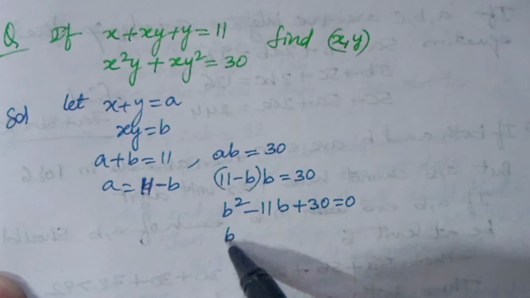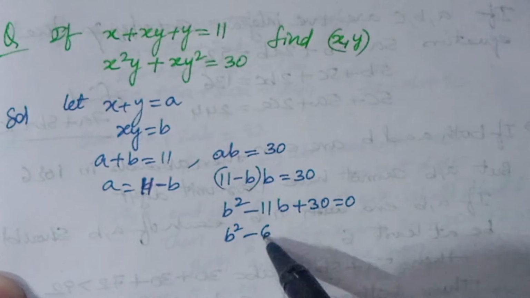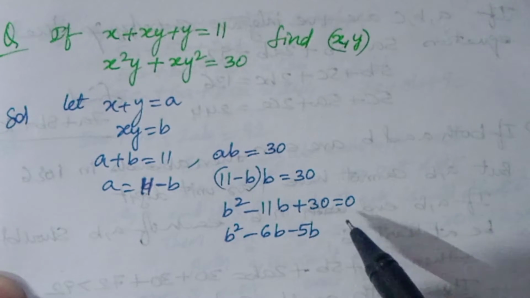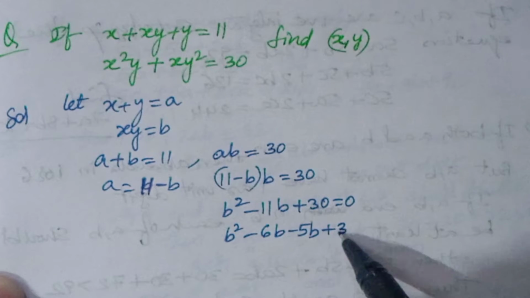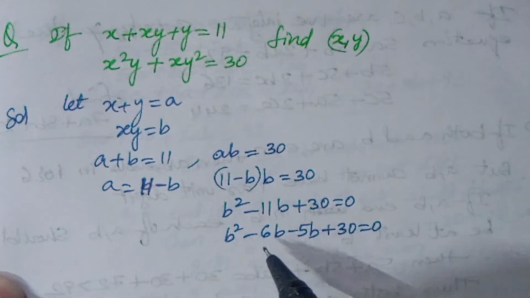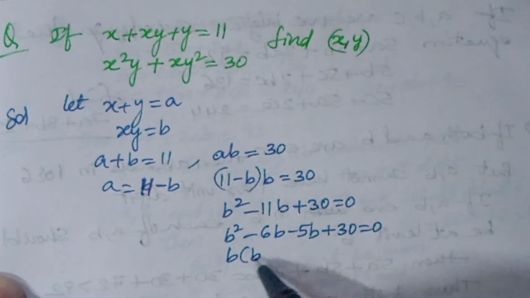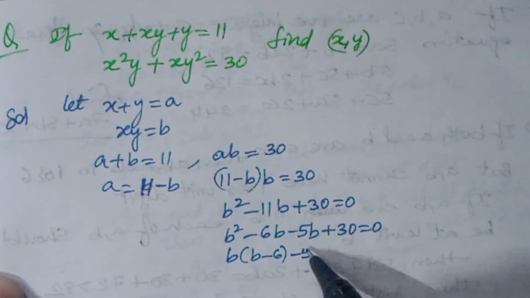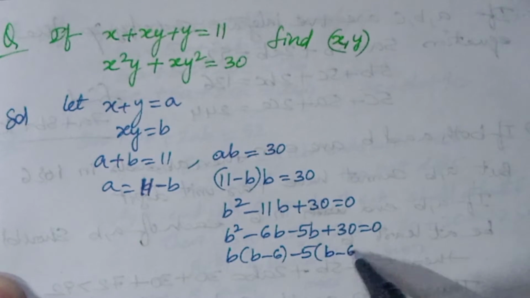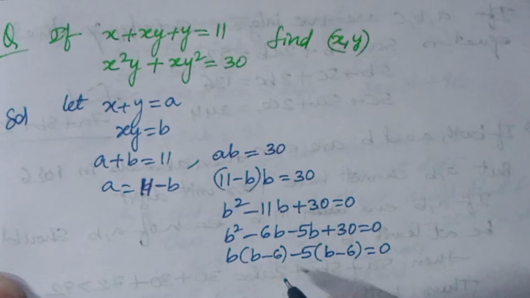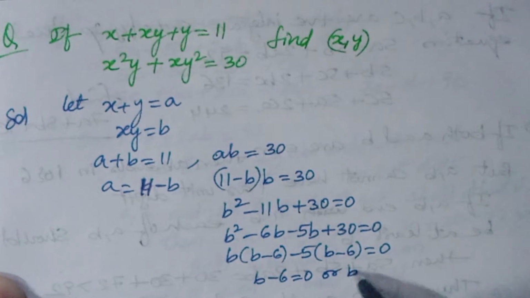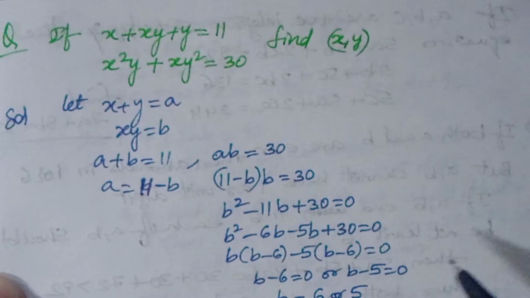So b squared minus 6b minus 5b plus 30 equal to 0. b into (b minus 6) minus 5 into (b minus 6) equal to 0. b minus 6 equal to 0 or b minus 5 equal to 0. b is equal to 6 or 5.